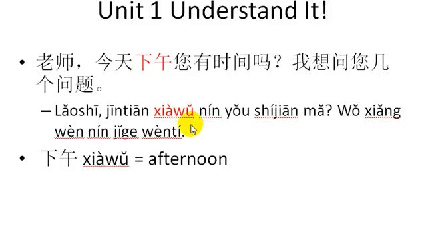Okay. 下午 means afternoon. And 午 is a character that means noontime. And so 下 means after in this context. And so these two characters together form the word 下午, just means afternoon. 老师,今天下午您有时间吗?我想问您几个问题。Okay, so let's see what's next in this sentence.